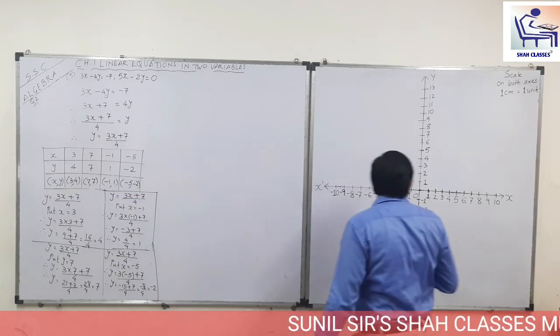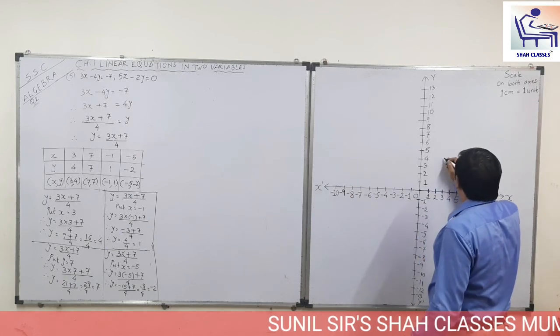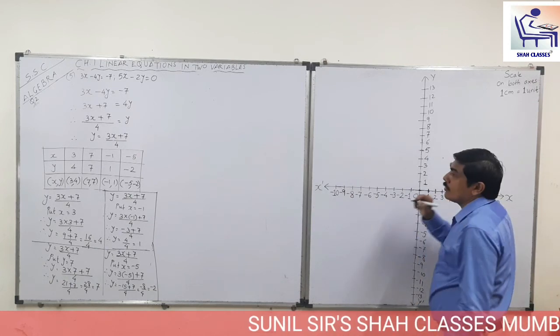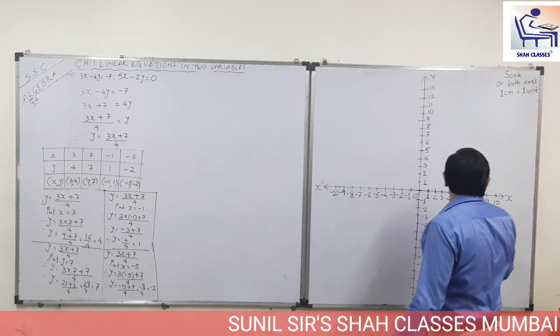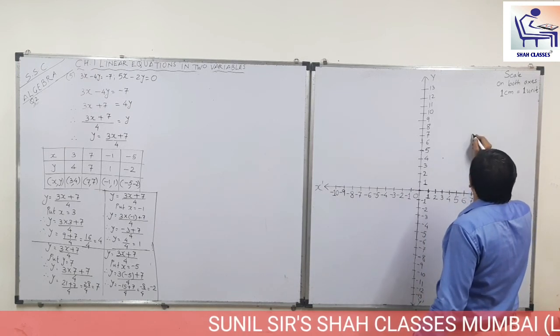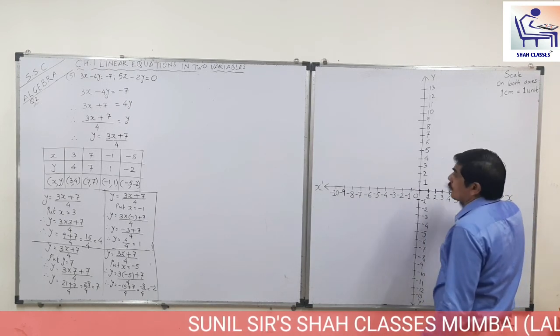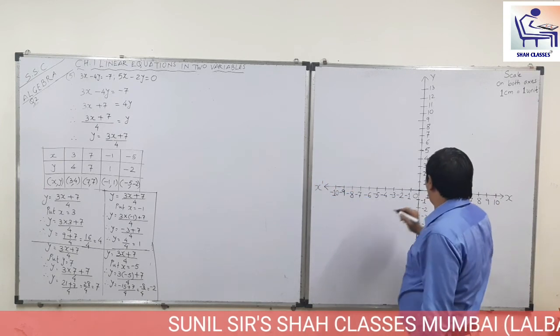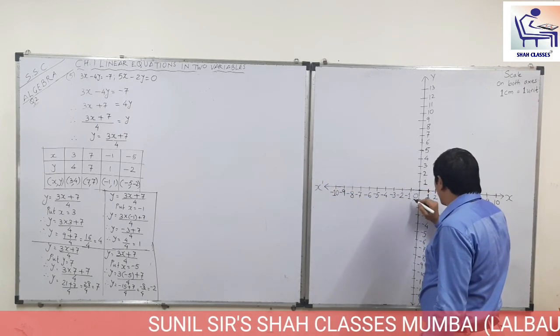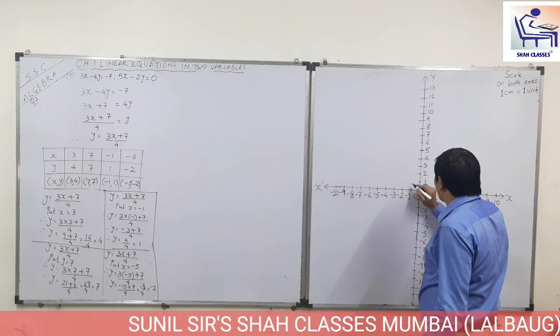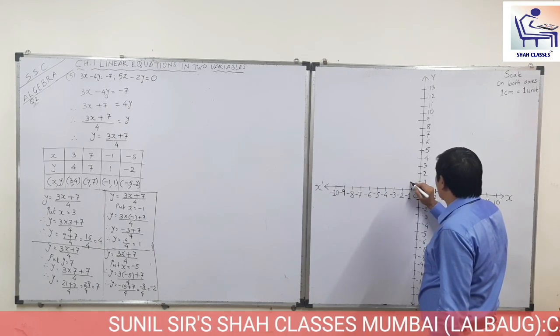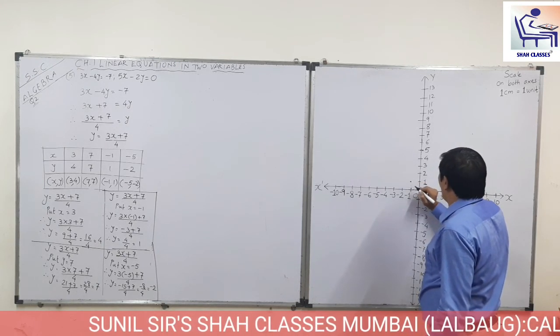3, 4. So on the x-axis 3 and on the y-axis 4. Then 7, 7. So on x-axis 7 and on y-axis 7. Now minus 1, 1. So on x-axis minus 1 and on y-axis it's a positive 1. So it should be on the upper side.